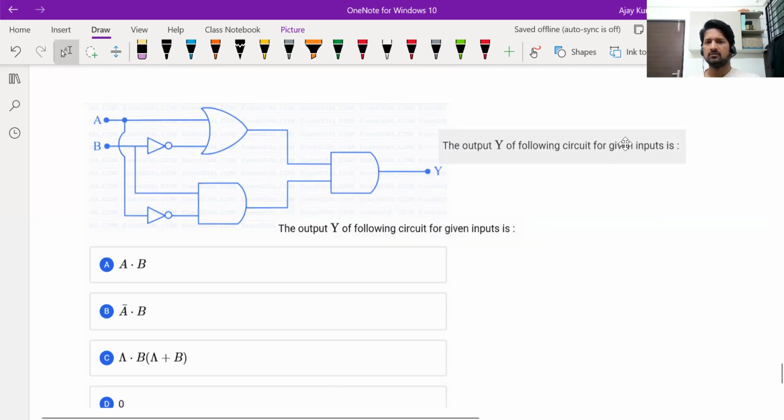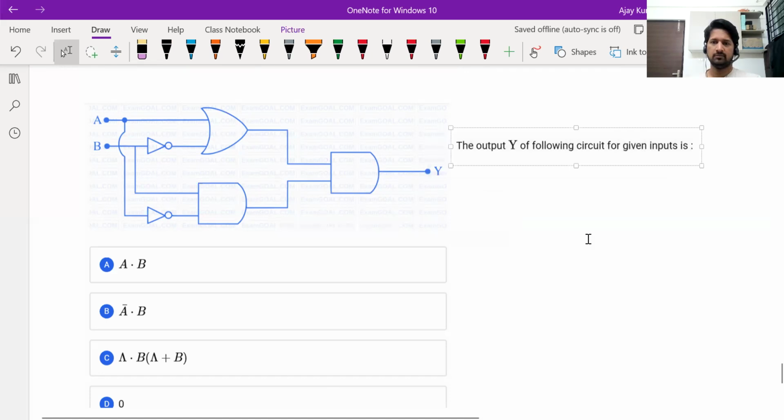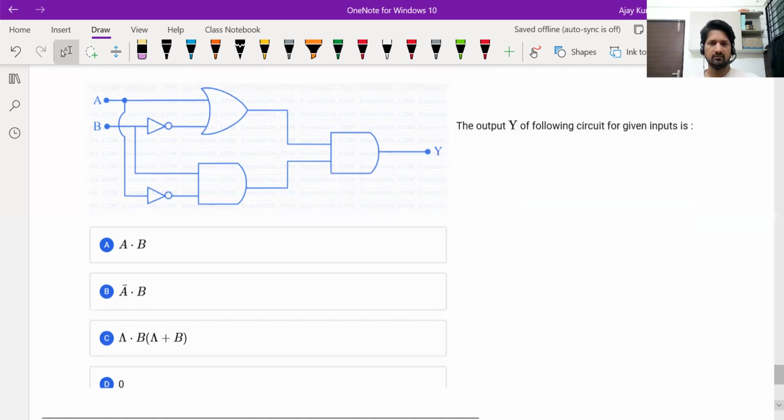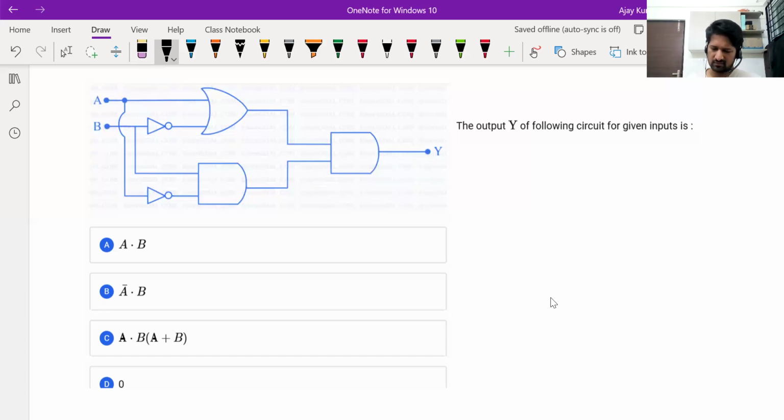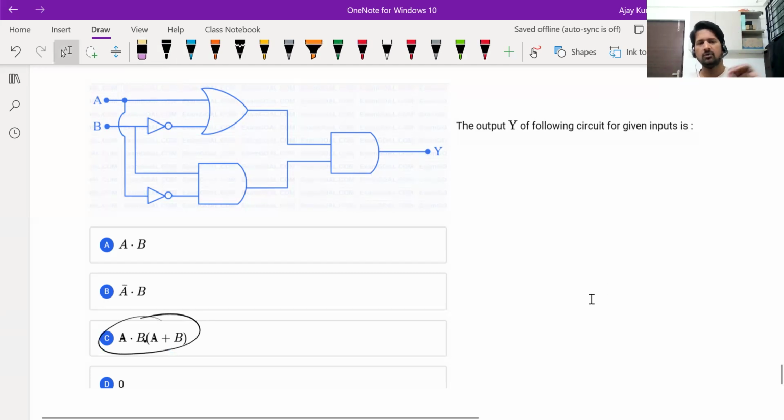They are not asking you for the truth table, but they are asking you what is the resultant operation of this gate? What is the effective operation that the gate does? This I think is typed wrongly, A dot B. There should be something here like a dot or something. Let it be. But how will you answer questions like this? You are given a network of gates and you are asked what is the equivalent output. What will you do?